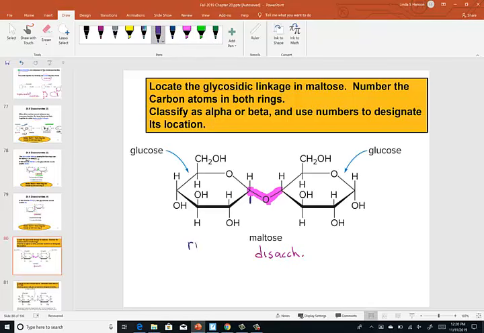Since it is pointing down, it's an alpha glycosidic linkage. When we number, we always start with carbon 1 being the anomer carbon.